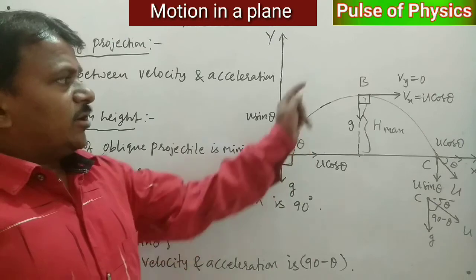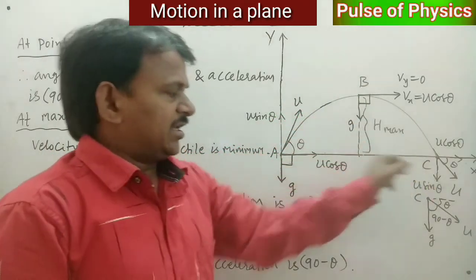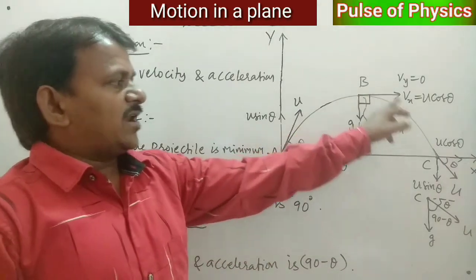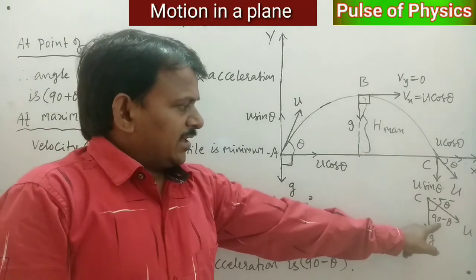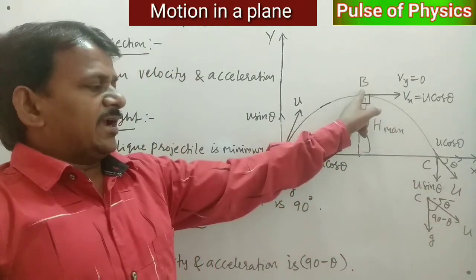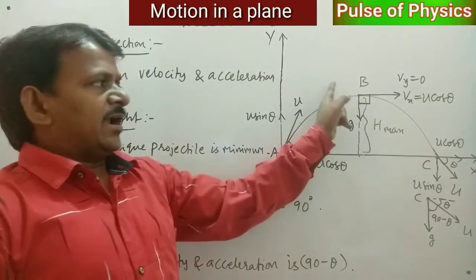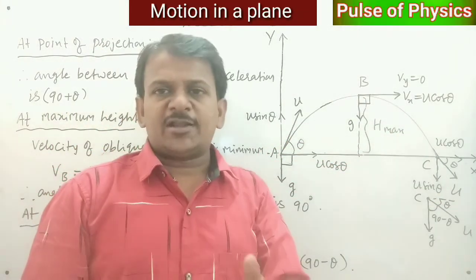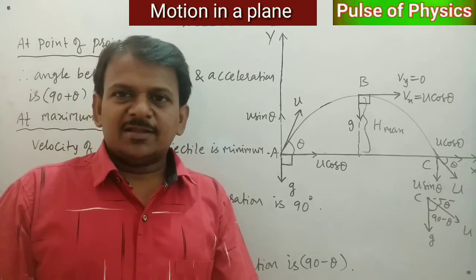Next, during the fall of the projectile, from B to C, the angle between velocity and acceleration is 90 minus theta, so that is between 0 and 90. A very important point, note that down. Have you got it? Thank you.